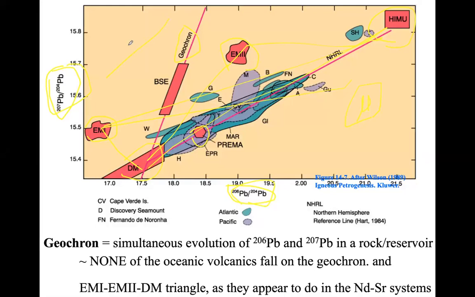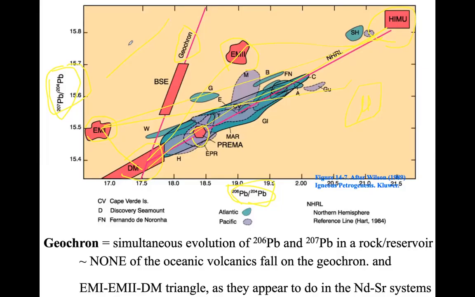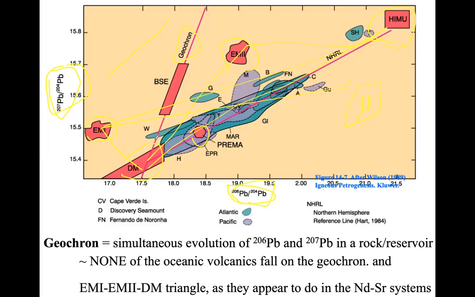Like in the samarium neodymium system and rubidium strontium system, we had some isochrones that can be used for age determination, right? Likewise, in the lead isotopes you can also use this if you want to make age determination. So all the chondritic values or the chondrite ratios, bulk silicate earth values, all plot in a single line like this.